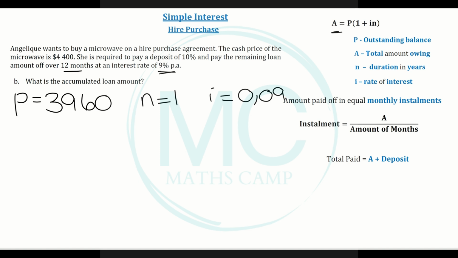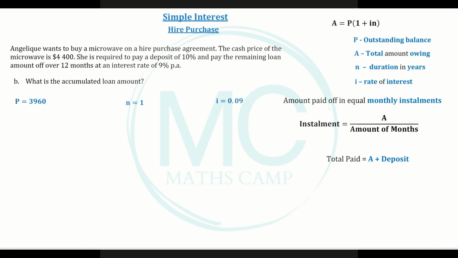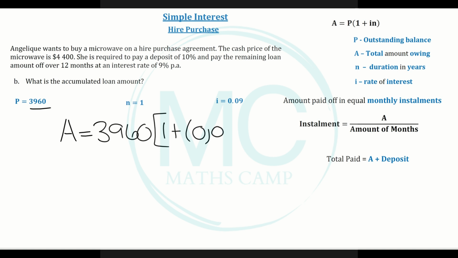Now that we have these values, let's put them into the formula. So we can say A is equal to P, 3,960. Open our bracket. Then we have 1 plus the value of I, 0.09, multiplied by N, which is 1.